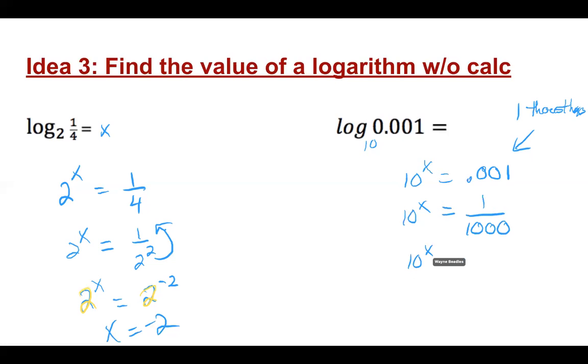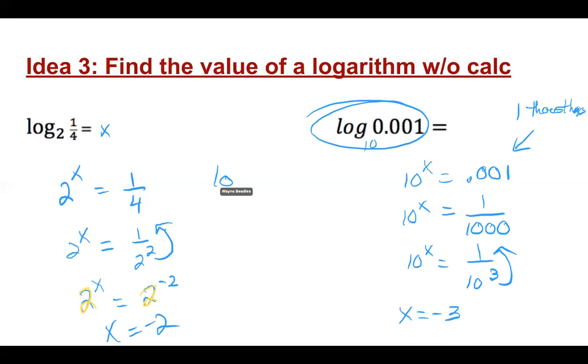And 10 to the x is equal to 1 over 10 to the 3rd. Throw that upstairs and you get x is -3. But if you throw this into the calculator, say log button and then 0.001, you get -3.